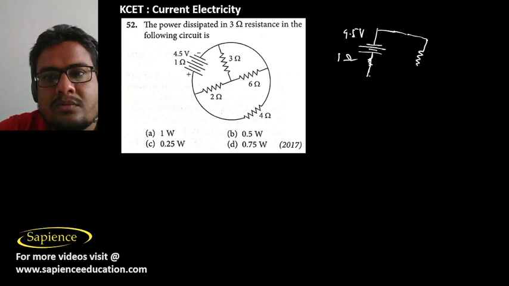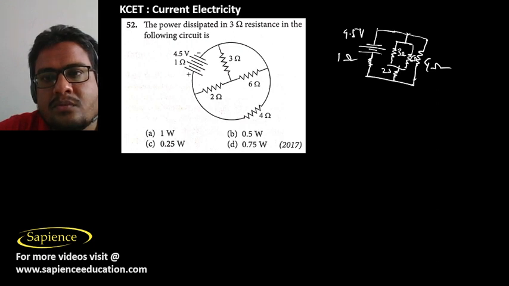Across these 2 points we have 4 ohm. This is 3 ohm, this is 6 ohm, this is 2 ohm.